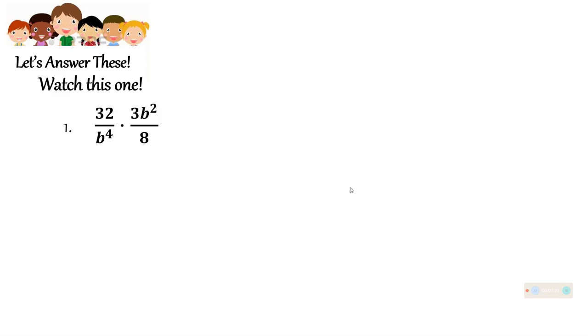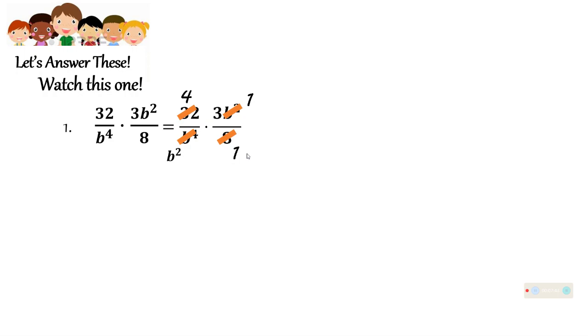So, let us have this one. We have 32 over b to the 4th power times 3b squared over 8. Just watch. We copy the given so that you can cancel out the common factor. So we have 32 and 8. 32 will become 4 and 8 will become 1.